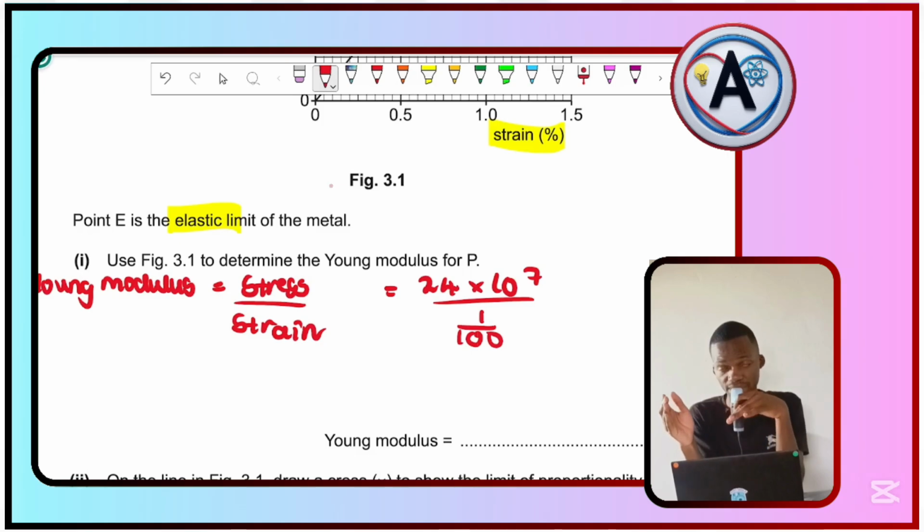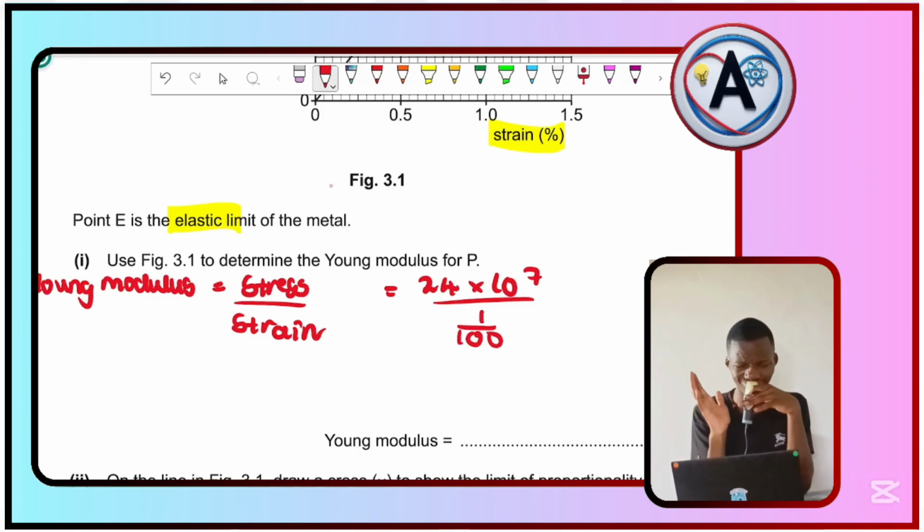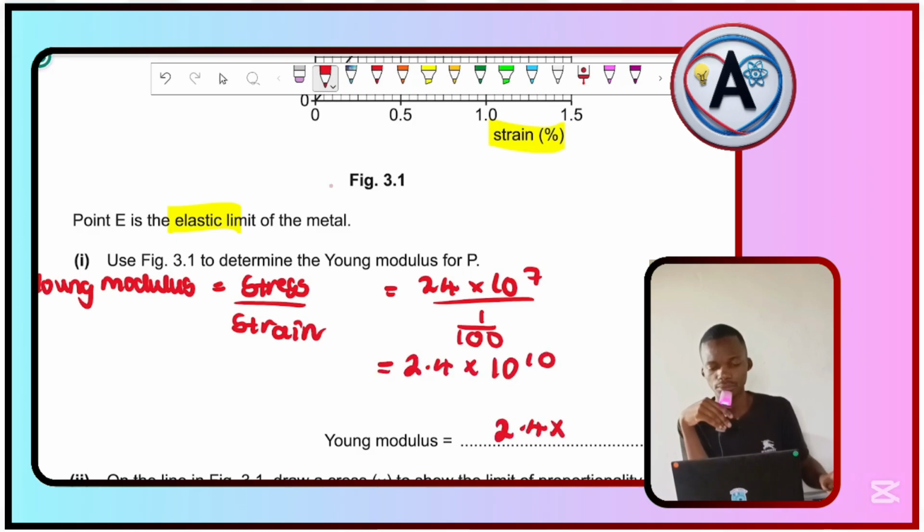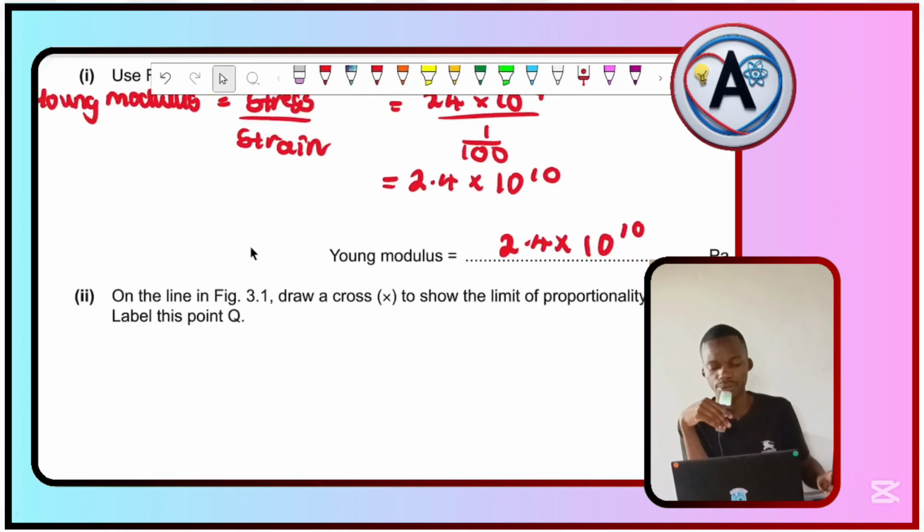So you're not going to use the percentage, you're going to use that ratio. And we know a percentage is just a ratio multiplied by 100. That's why I have to say 1 over 100. And if you punch that in a calculator, you're going to get 2.4 times 10 to the power of 10. So you can see that E is the gradient of that graph, actually.